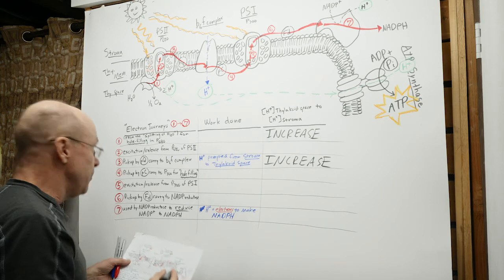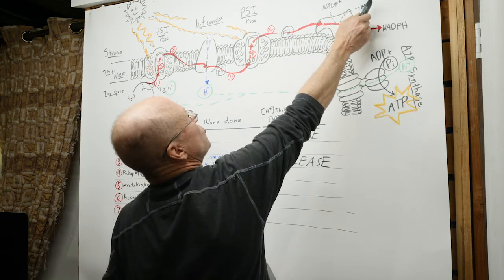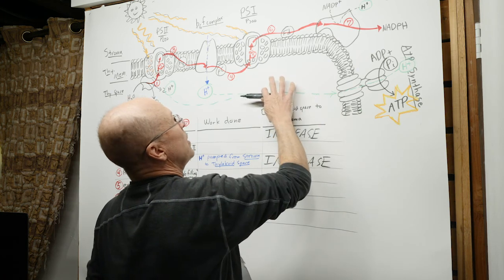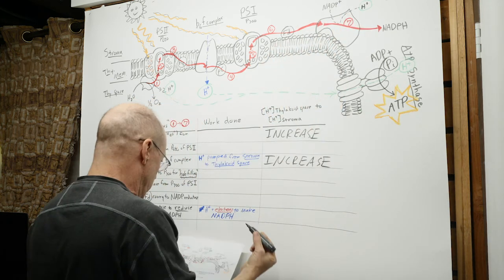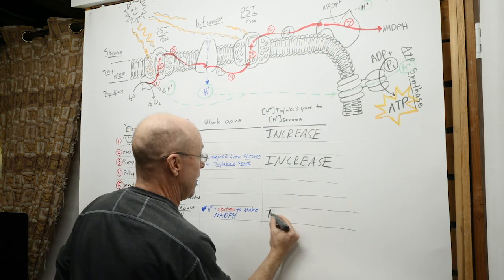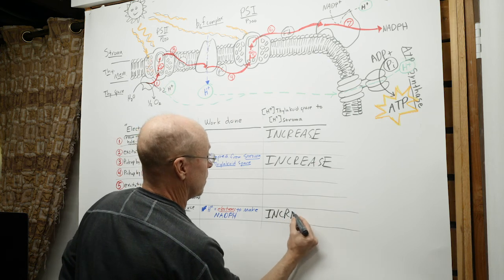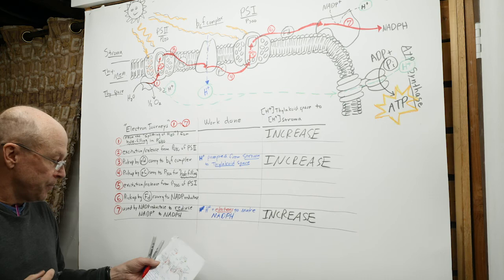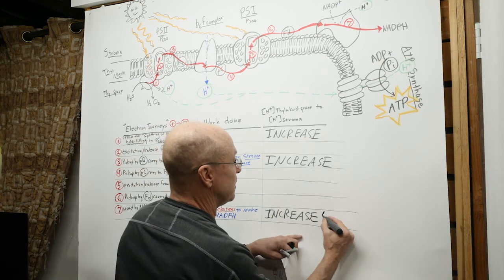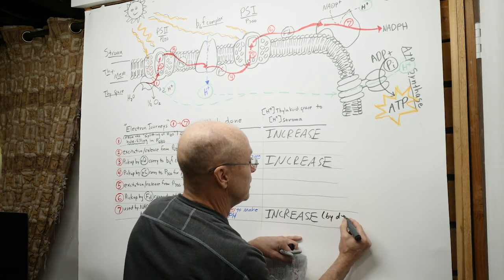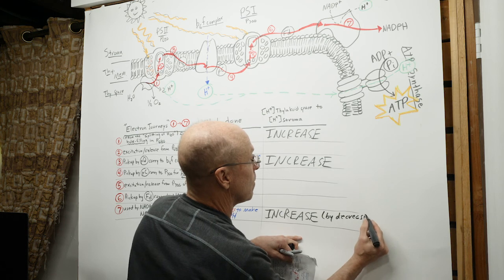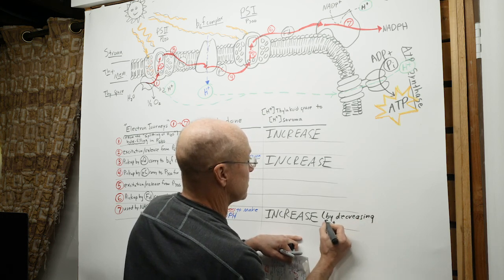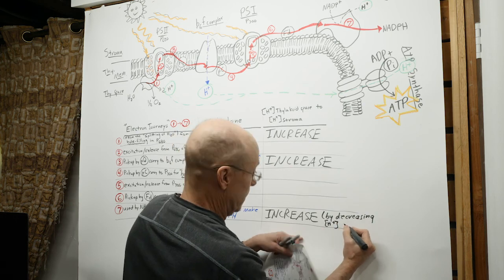And then finally, if we remove it from the stroma, then we're increasing it in the thylakoid space relevant to the stroma. So finally, we put that down. And we have our deal. And I guess it's saying in parentheses here, by decreasing H plus concentration in the stroma.